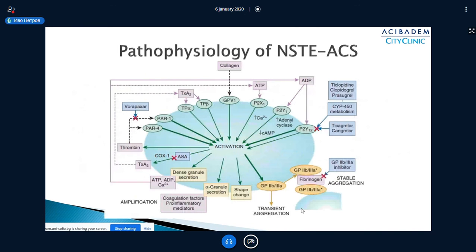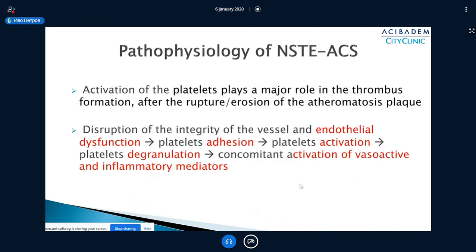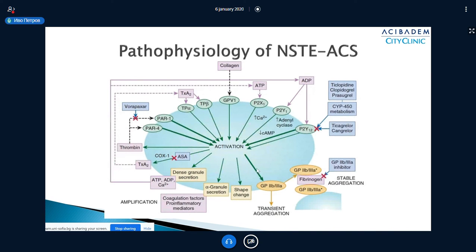After this desquamation of the plaque and endothelial dysfunction, after the release of the active factors from the plaque stenosis, this in fact activates a cascade of thrombosis, and this cascade is dependent on the probability and susceptibility of the patient to form thrombus.